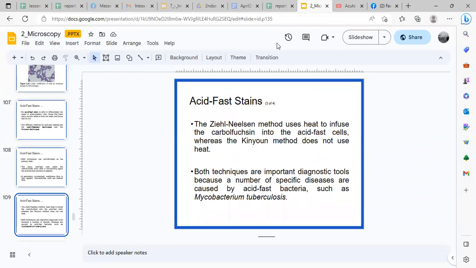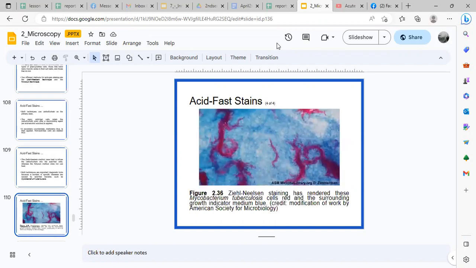These are techniques used if you want to study diseases like Mycobacterium tuberculosis and confirm the presence of acid-fast bacteria. Mycobacterium tuberculosis is seen through the Ziehl-Neelsen staining method.